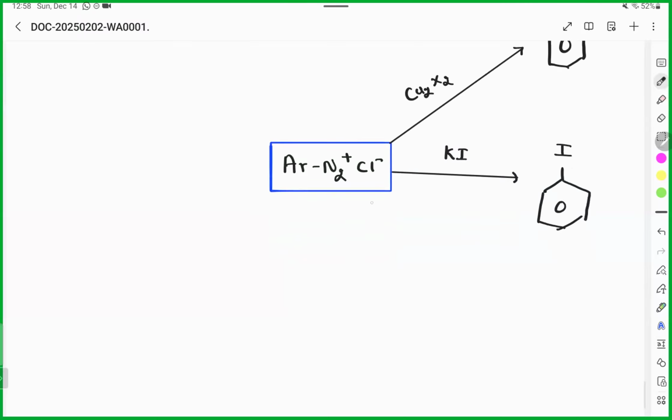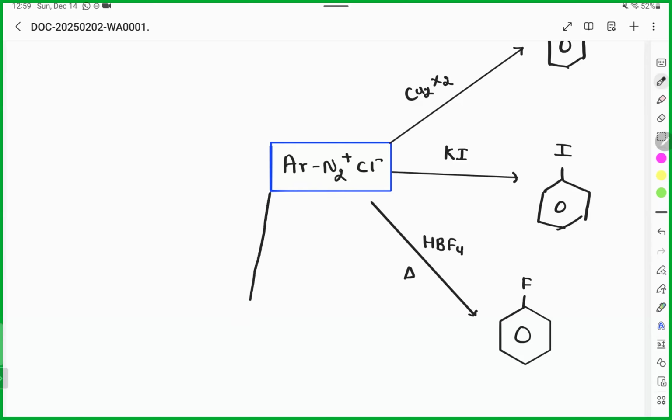Third, if you add HBF4 and you heat this simply, what will happen? You will form fluorobenzene, correct?